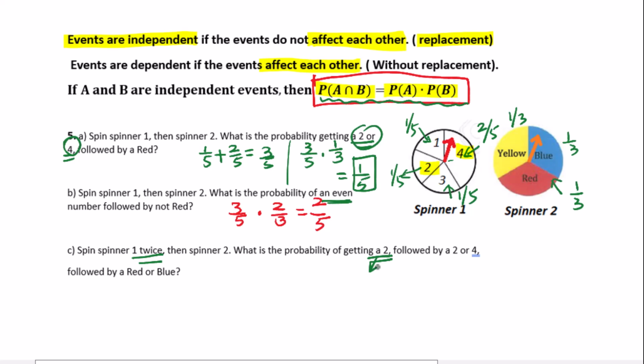Getting a 2 will be 1 over 5, times a 2 or 4, that is 3 over 5, then times a red or blue. Red is 1 over 3, blue is 1 over 3. Adding together will be 2 over 3. So our answer will be 2 over 25.